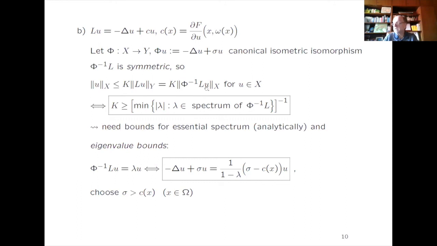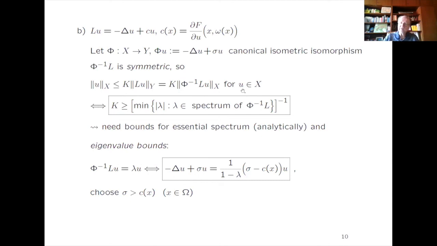When you formulate this problem weakly, we get a bilinear form on the left-hand side, phi inverse L comma phi inverse L with the 2 arguments, and on the right-hand side, we have the L2 product in X.